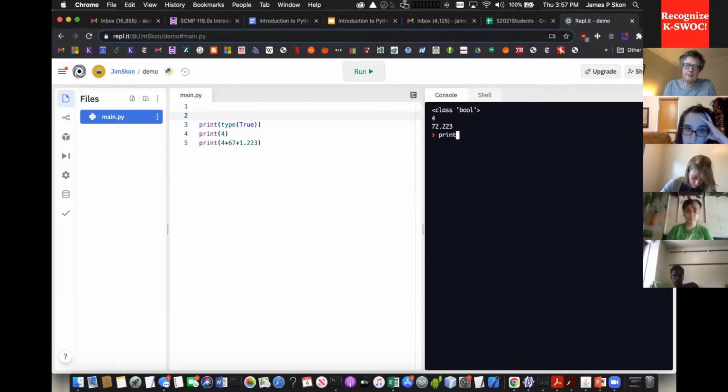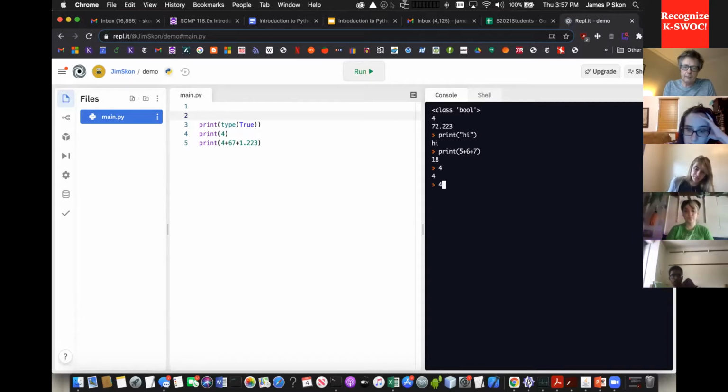For example, I could do print over here, and as soon as I hit return, it runs it. I could say print and it runs it. Not only that, I don't even have to put print. If I type in a 4, it says 4.